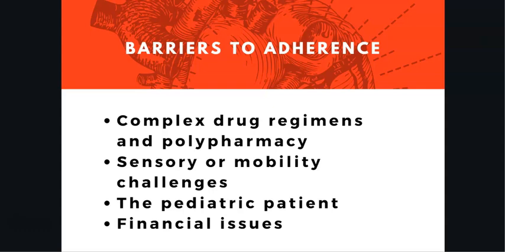When they come back and you're monitoring, you're all excited, waiting to see how this medication worked, and then you find out, oh, I didn't get that. That medicine was $600. I couldn't afford that. So they didn't call you to tell you. You didn't know. You think they're taking it. They come back in a month for a follow-up, and they never even changed the medication because they couldn't afford it. So that is a barrier to adherence.